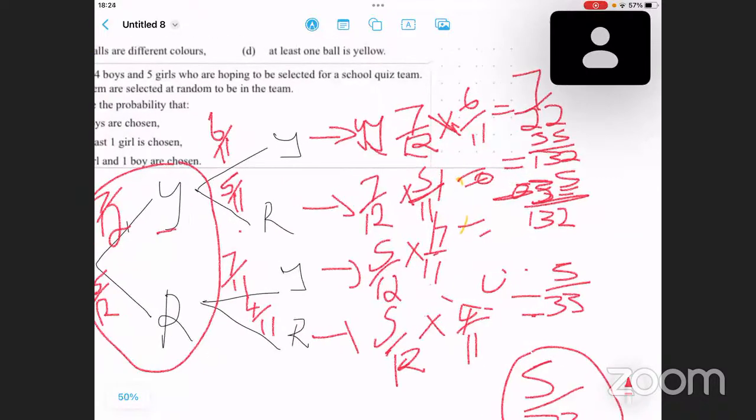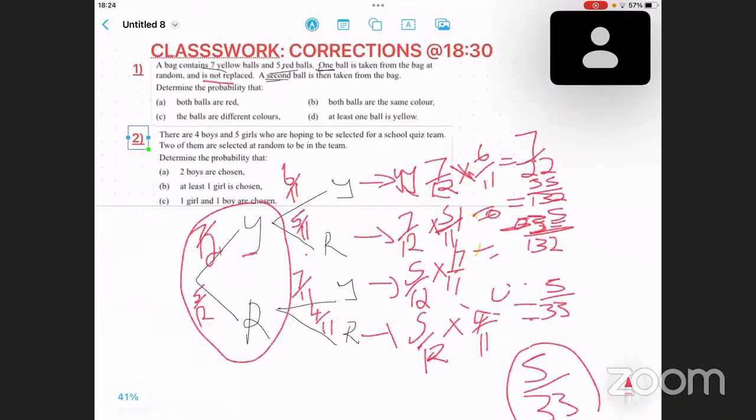When you are multiplying these things, ma'am, just do them separately. Say 4 multiplied by 5, and then you write it, and then 11 multiplied by 12, and that is going to be your denominator.